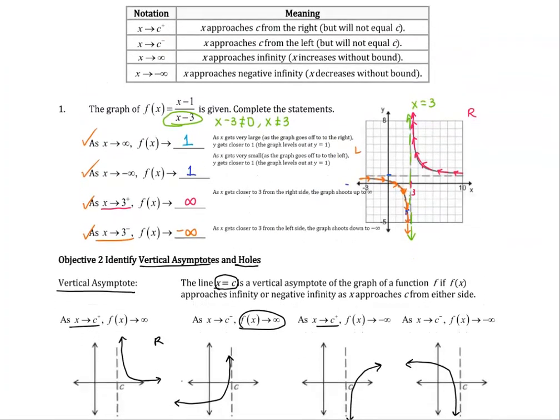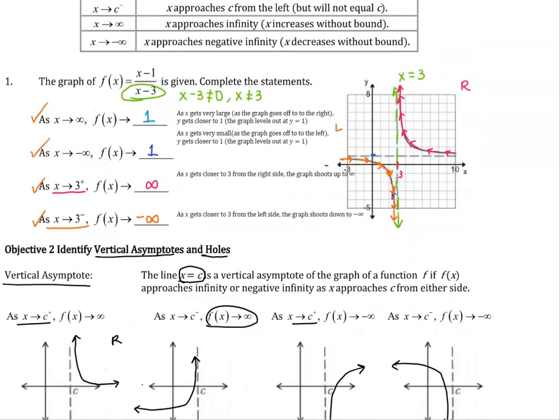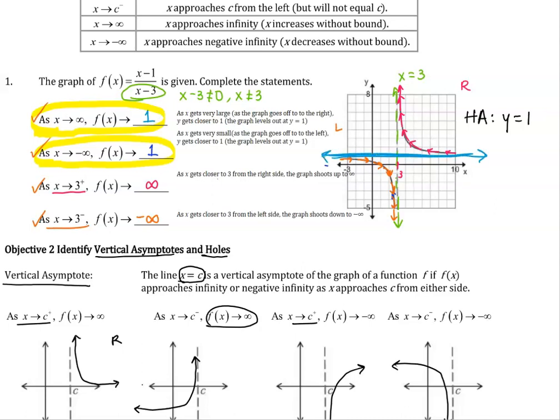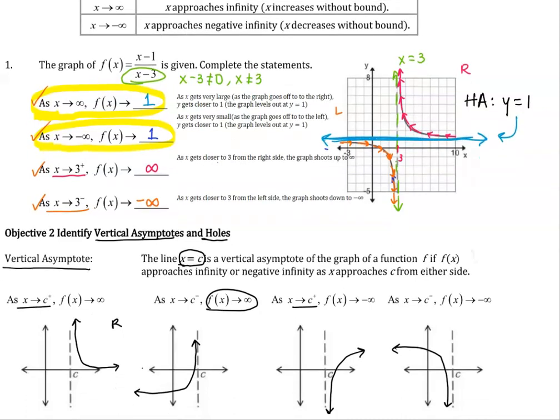To put that in perspective, in the first example, we saw that as x got really big, the function approached positive 1, and as x approached negative infinity, the function was also approaching positive 1. So we would say that this function has a horizontal asymptote at y is equal to 1, because we can see that the graph is leveling out at this horizontal line of y is equal to 1.